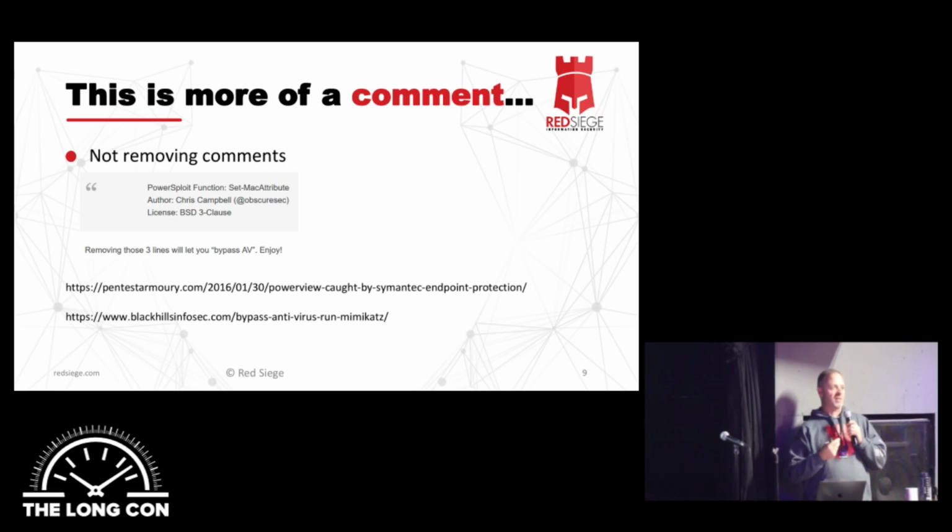You see SubTee or harmj0y or something like that in a comment, and AV says, this is bad. I don't know what the rest of this is, but I see SubTee in here, so this is obviously bad. Anyone know who Casey Smith is? Casey is a wizard. And if SubTee shows up in your code, AV says, we're not having any of that. I don't know what you do, but this is obviously bad. But removing the comments, simply removing the comments.